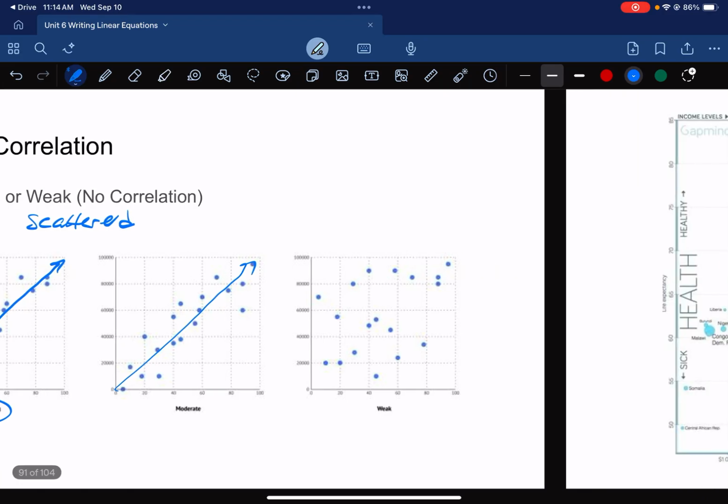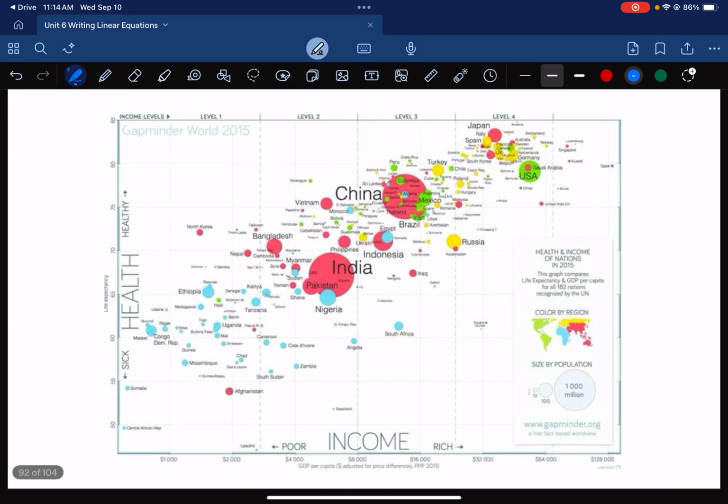Okay? All right, look at this, this is interesting. I wanted to show you one particular world application here. So this is a graph of health and income. On the y-axis, we have the health of a nation, its life expectancy. We see that sick is low and healthy is high on the y-axis, right? And then if you look at income down here on the x-axis, poor is getting closer to the origin, and rich is getting further away from the origin.